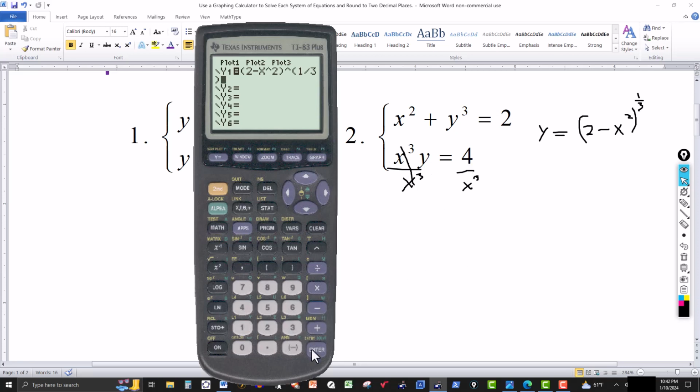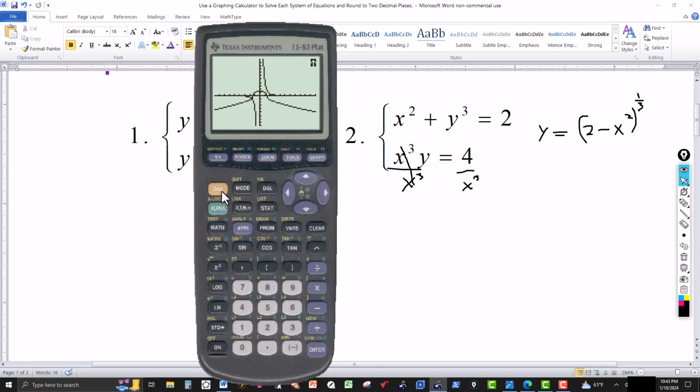So this will be 4 divided by x to the third. And then of course the solution is where these two intersect. So let's graph this. Okay, there's your first graph. And there's the second one. And notice, you can see the intersection is right here.